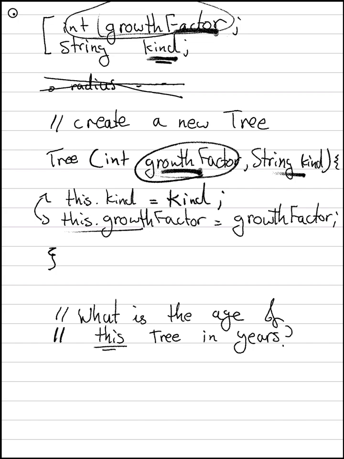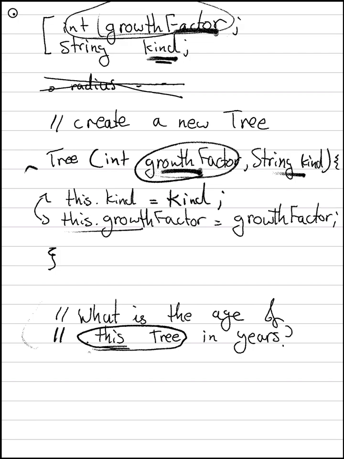Excellent. All right. So where should this method be? It's going to be in the tree class. Exactly. Since we're going to say this tree, that already tells us it should be in the tree class because it's about information about the tree. All right.